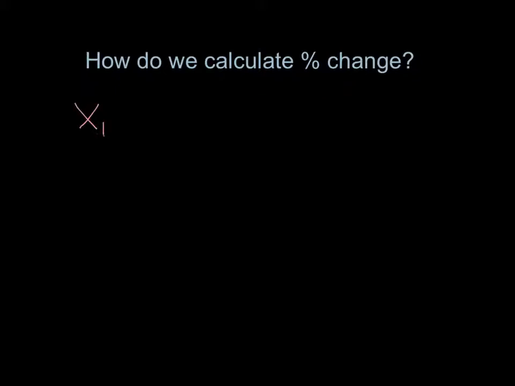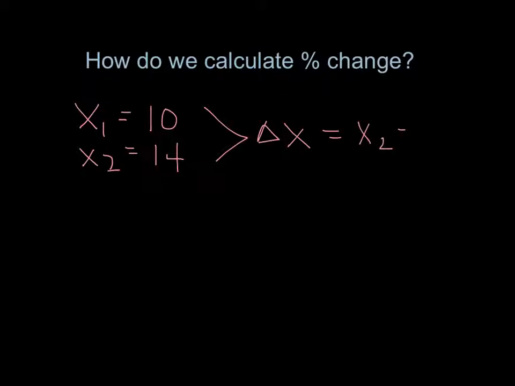If we have a value x1, let's say it's 10, and we have a value x2, let's say that's 14, you're used to calculating the delta x as x2 minus x1, or 14 minus 10 equals 4. This will all work perfectly well for elasticity purposes. It's the next part that you have to pay attention to.